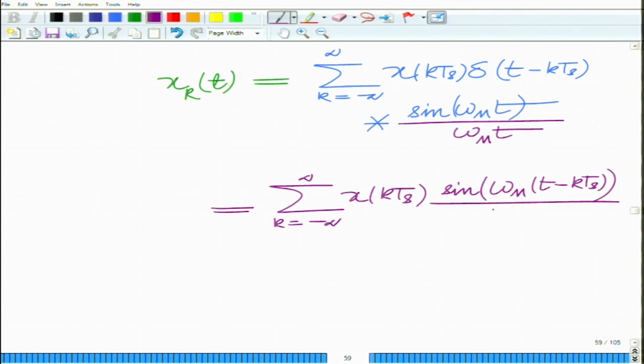That is basically shifting it to k T s. So this is your reconstructed signal.